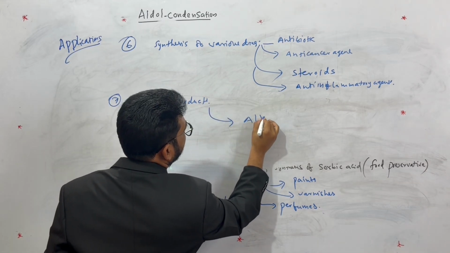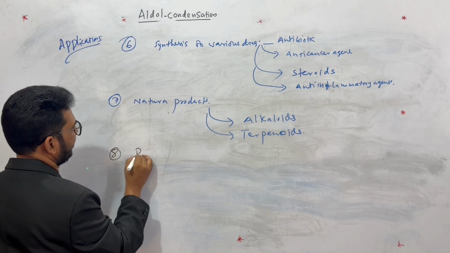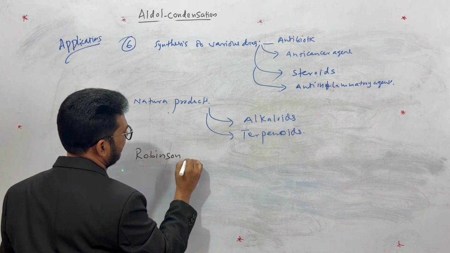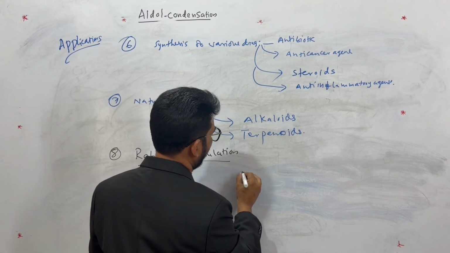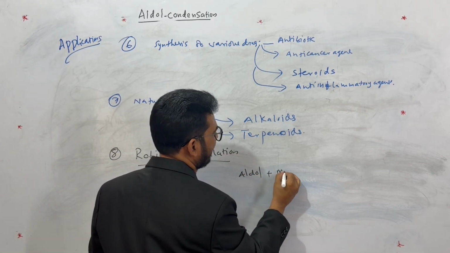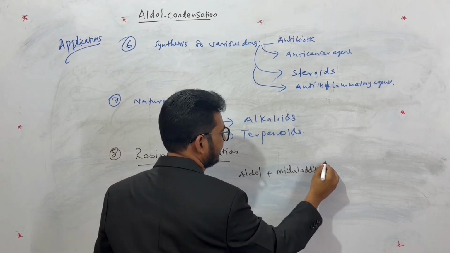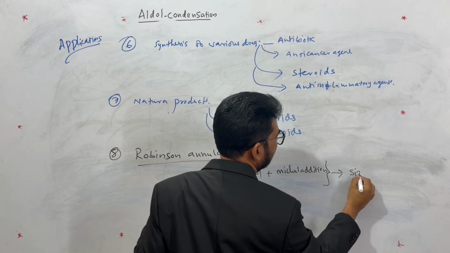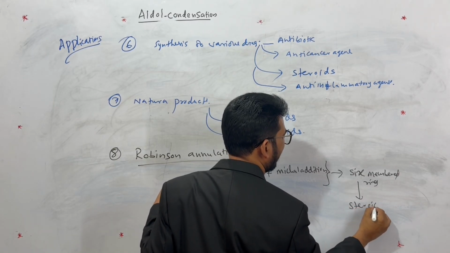Like alkaloids and terpenoids. The important thing is that it is also helpful in the Robinson annulation, where we use the aldol plus Michael addition reaction. It is helpful in the synthesis of 6-membered rings, especially in the synthesis of steroids.